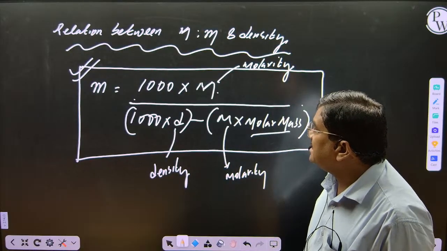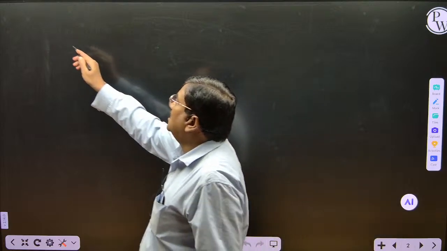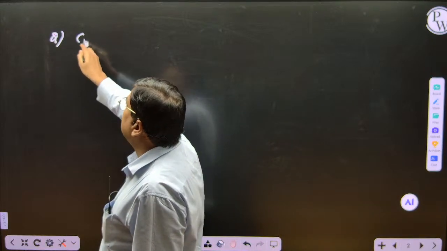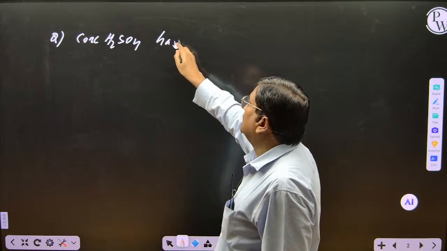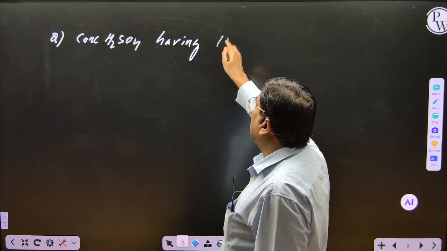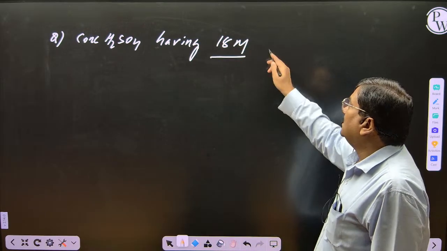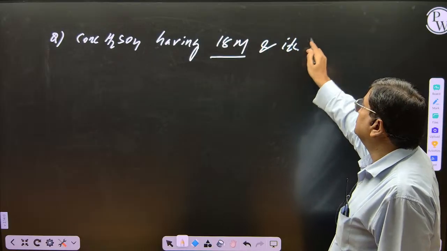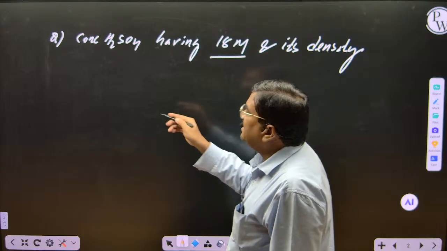Now write one question related to this. Concentrated sulfuric acid having 18 molar, its molarity is 18 molar, and its density is 1.8 gram per cc.